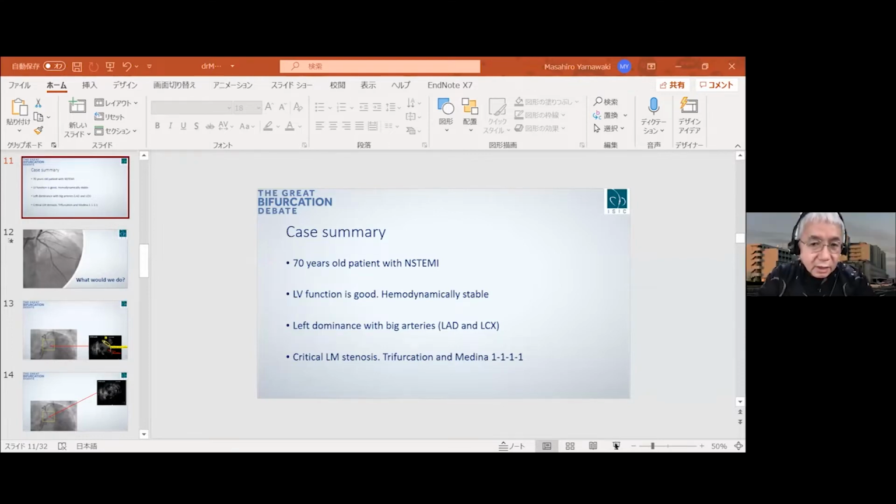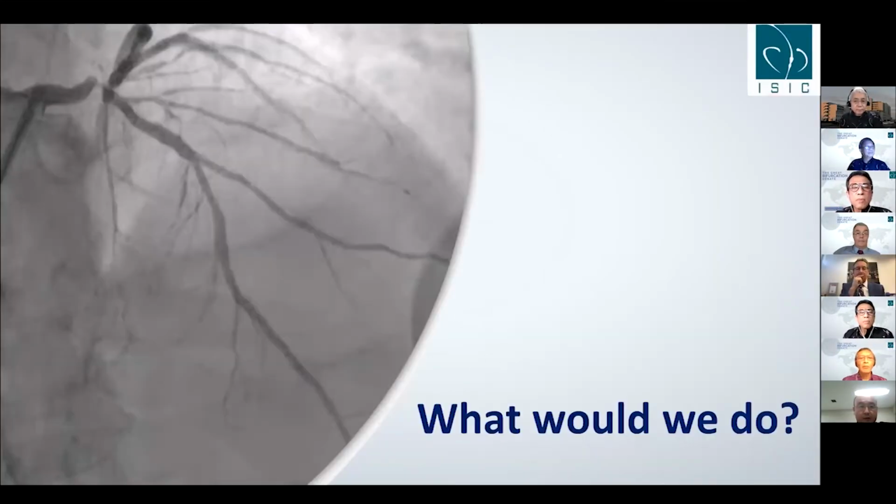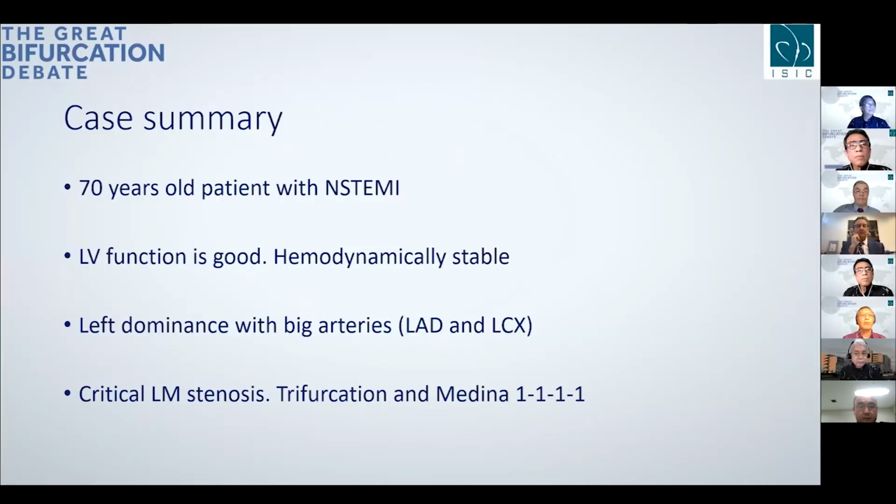Thank you very much for the opportunity to present my strategy in this particular difficult patient. This patient is 70 years, relatively young, a little bit older. The patient is hemodynamically stable with a complex trifurcation in the angiogram.